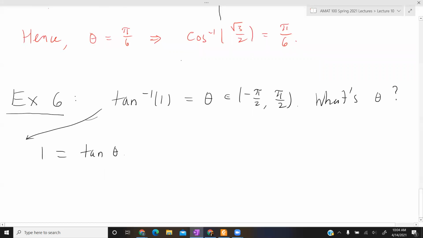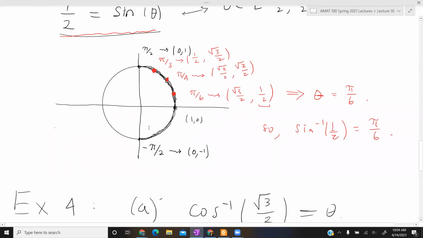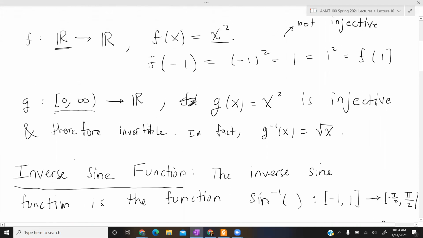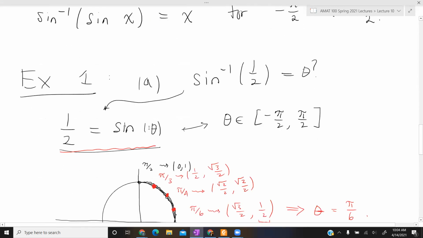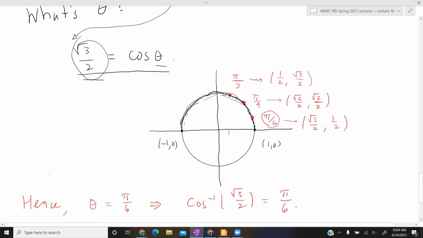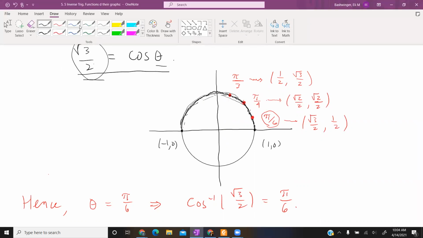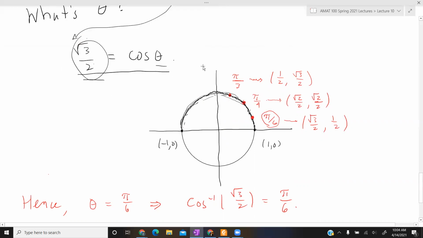And let me just copy the unit circle so I don't have to draw it again. But I encourage you to just draw it. Definitely draw it.